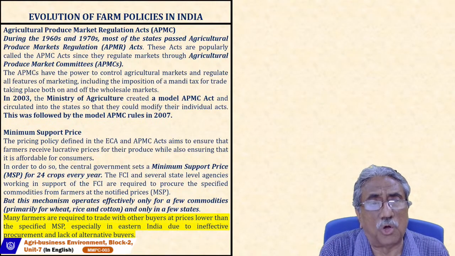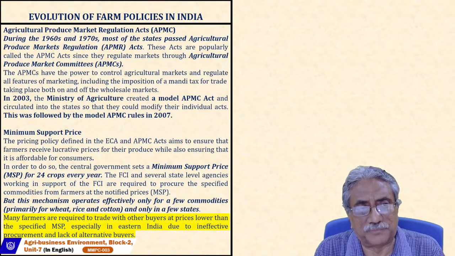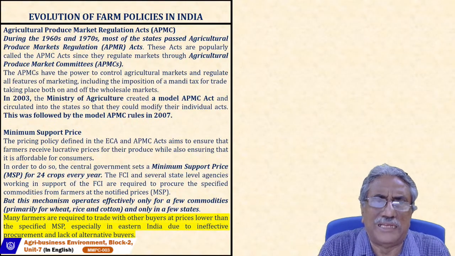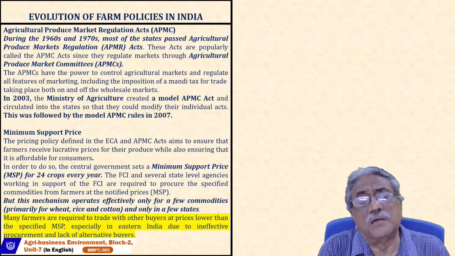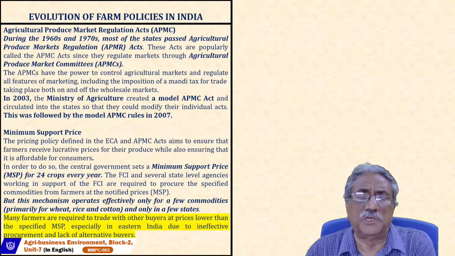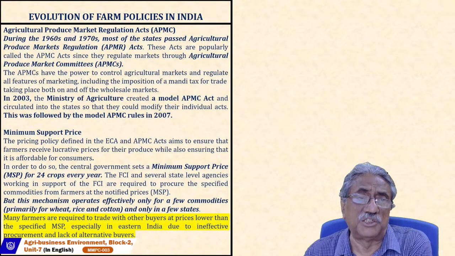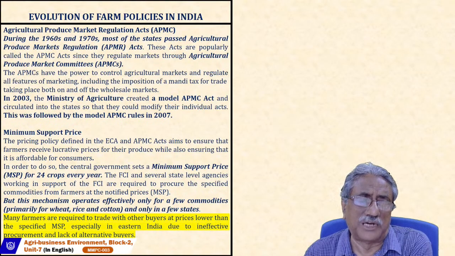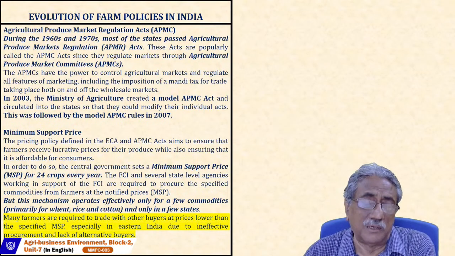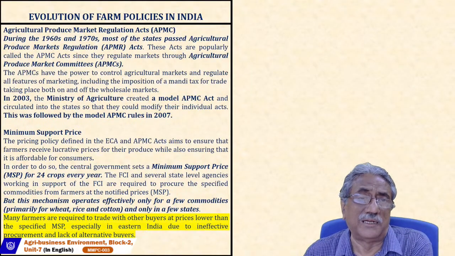It was technically a wholesale market, but retailers from urban cities who want to stock these products could also buy there, or, suppose I am a rice mill, I can buy from this market, etc.